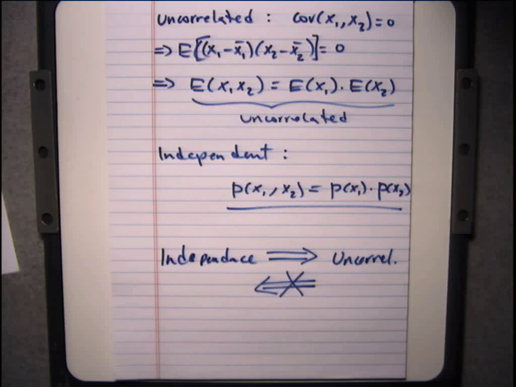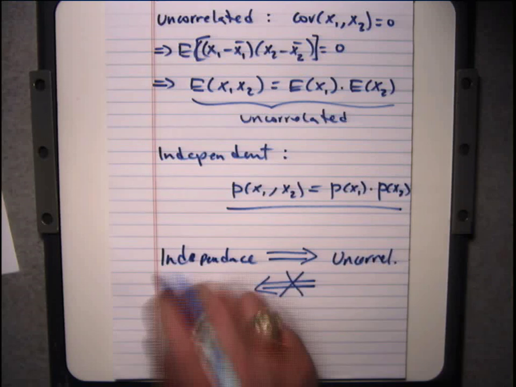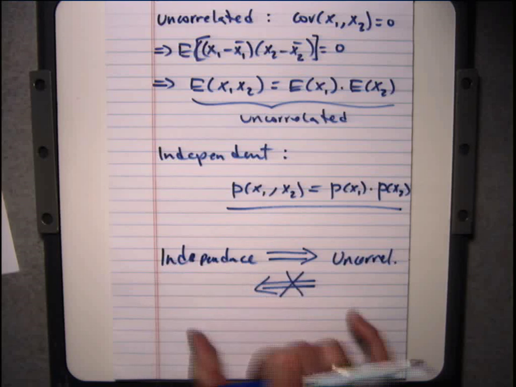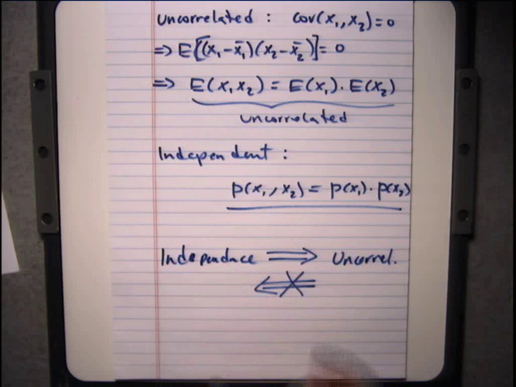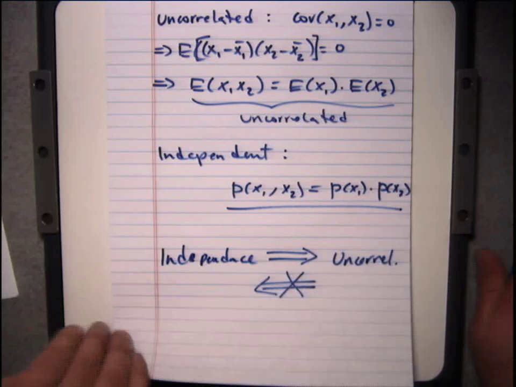Now there are some exceptions, and these are pretty important exceptions, where in fact uncorrelatedness and independence are one and the same thing. And that exceptional case is the case of the Gaussian random variable. So if you have two random variables that are jointly Gaussian, then if they're uncorrelated, they're also independent. It's true also if you have n Gaussian random variables. And the last thing that I want to do is to take you over that and to show you how this all works before we finish for today.